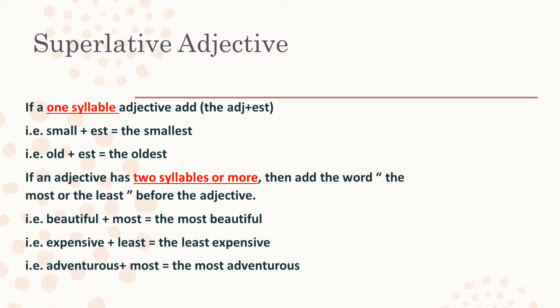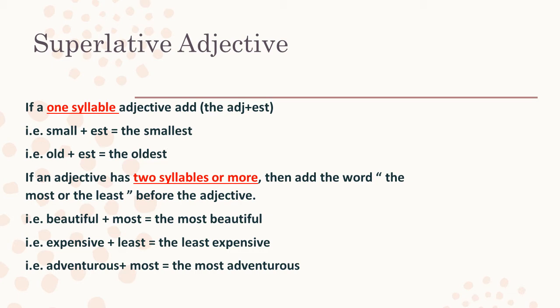So if we have an adjective that has one syllable only, we add the before the adjective and we add est to the adjective. What if the adjective has two syllables or more? So we have the word the, then most, then the adjective.